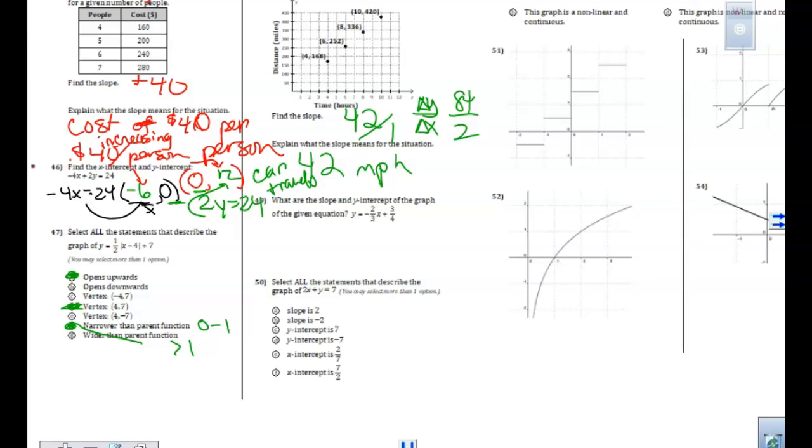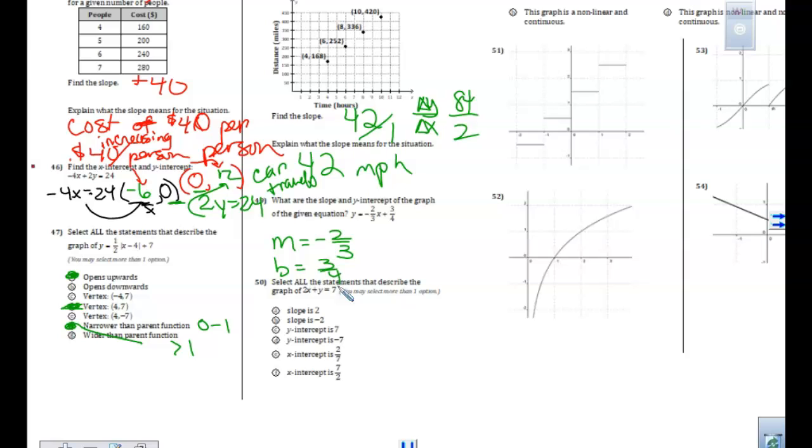Y equals mx plus b, and m is my slope. Want to give it a shot? M equals negative 2/3. Yes. And the y-intercept is 3/4. Yes. Were you trying to make it way harder than you had to? Yeah, I thought I had to solve something. Not yet, but later, or on some of those other ones we did.